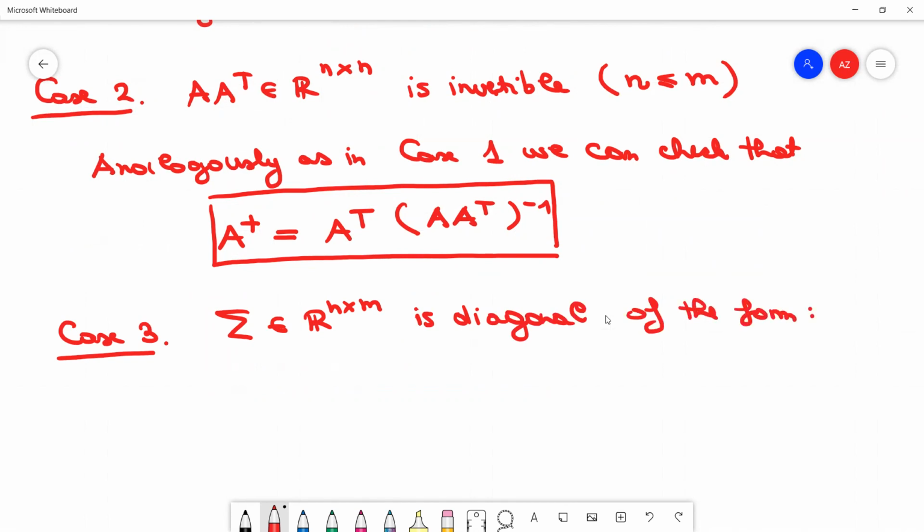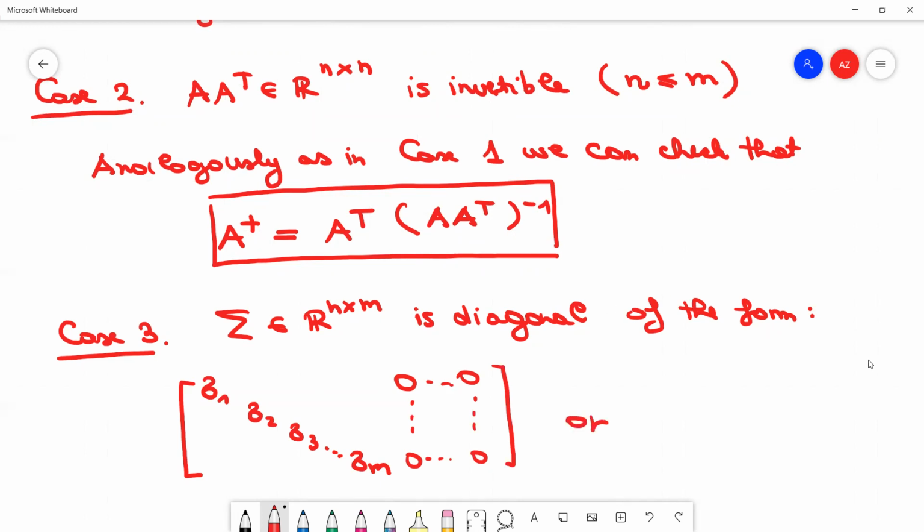Now we have to separate two cases: when n is smaller than m and when n is bigger than m. So when n is smaller than m, then we get a matrix sigma of this form, sigma 1, sigma 2 on the diagonal, sigma 3, and so on, and sigma n. And since there are more columns than rows, we have here some 0 columns. This is one possibility.